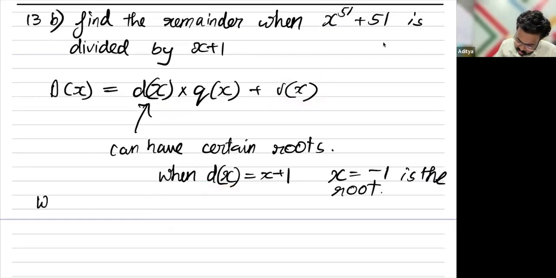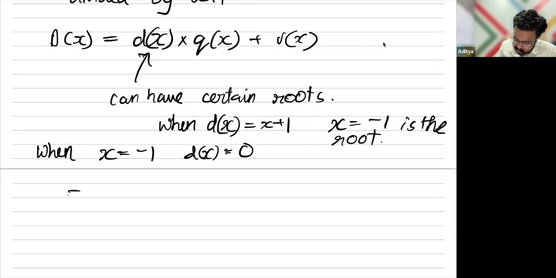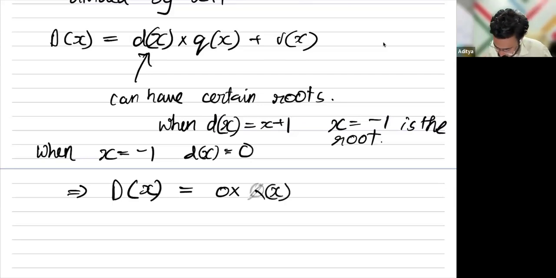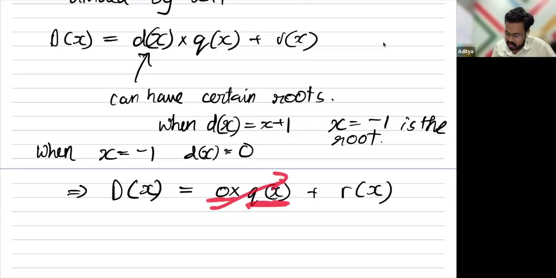So when x is equal to minus 1, d of x equals 0, which implies our dividend polynomial is equal to 0 multiplied by the quotient polynomial, small q, plus r of x. And since this is a product of some polynomial with 0, this entirely is 0.